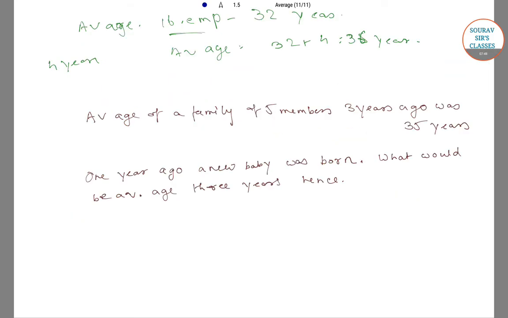Suppose we have the following question: the average age of a family of 5 members 3 years ago was 35 years, and 1 year ago a new baby was born. So what would be the average age of the family 3 years hence? Now 3 years ago the average age was 35 years.